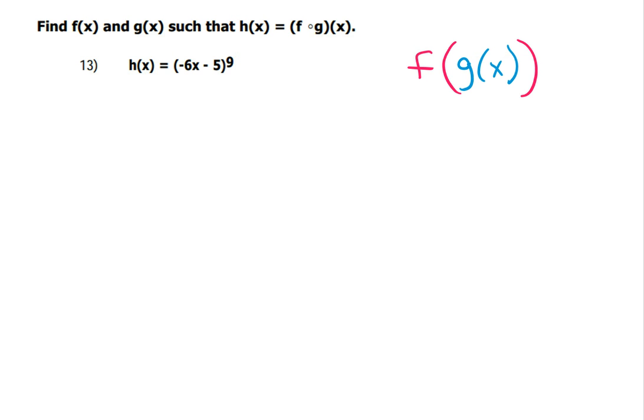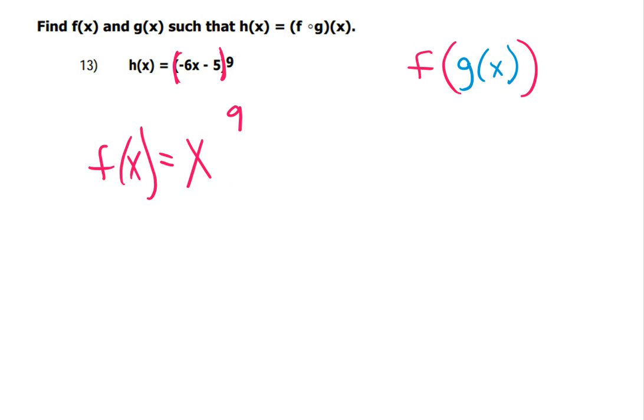When I look at this function, this one's kind of obvious to me because I've got parentheses here. I've got something to the 9th power. So what I'm seeing is x to the 9th power. That is my f of x.